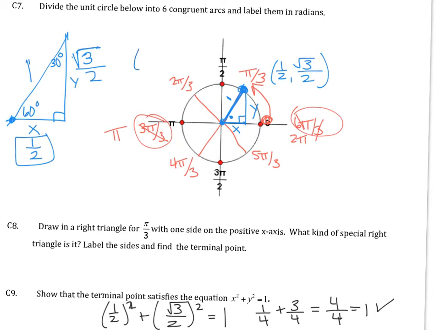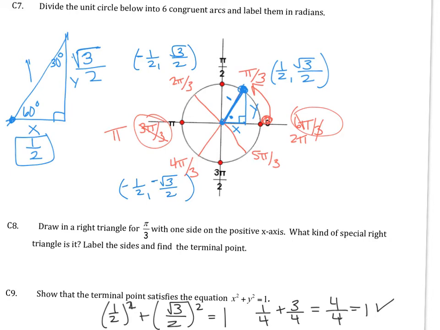So over here, I'm still working with 1/2 and root 3 over 2, but here my x's are negative and my y's are positive. Down here at 4 pi over 3, I should have 1/2 still, root 3 over 2 still, but now since I'm in the third quadrant, they're both going to be negative.